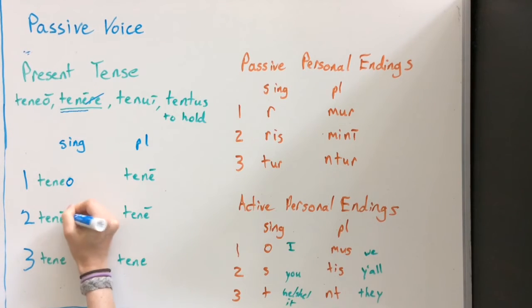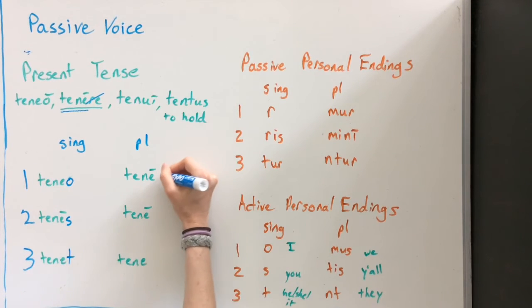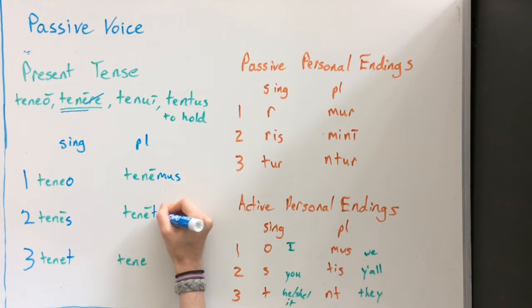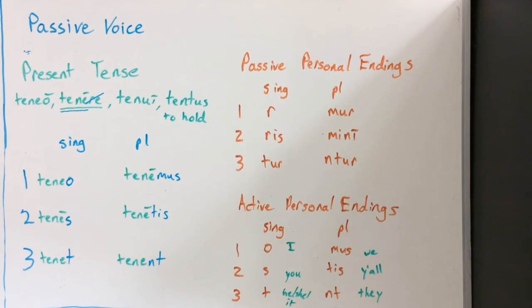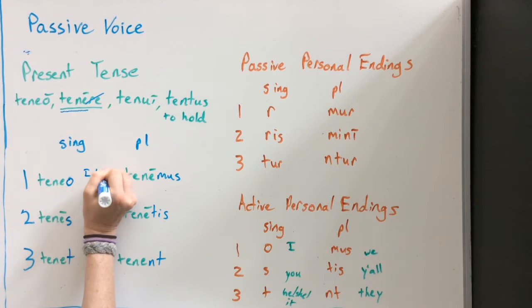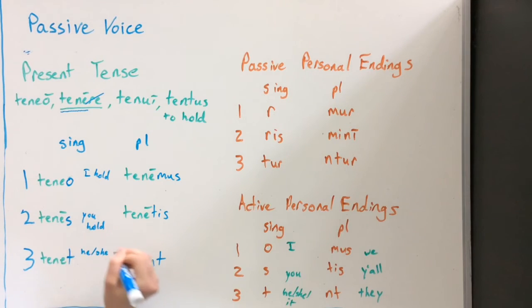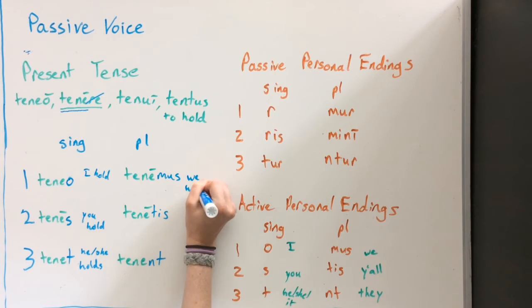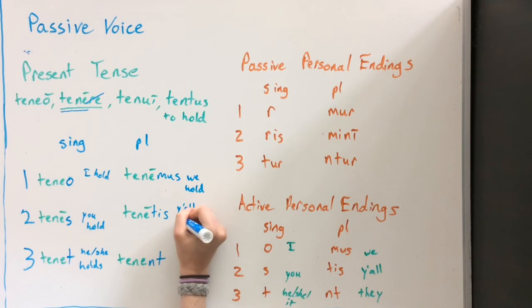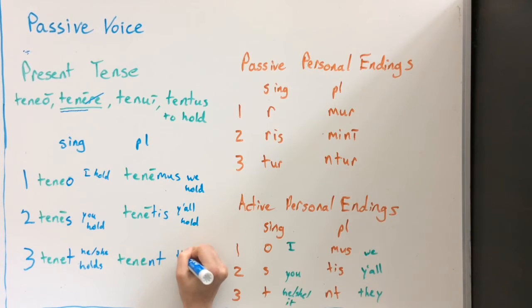We would see teneo, tenes, tenet, tenemus, tenetis, tenent, to be I hold, you hold, he, she, or it holds, we hold, y'all hold, and they hold. This should feel pretty familiar by now. But let's make it passive.